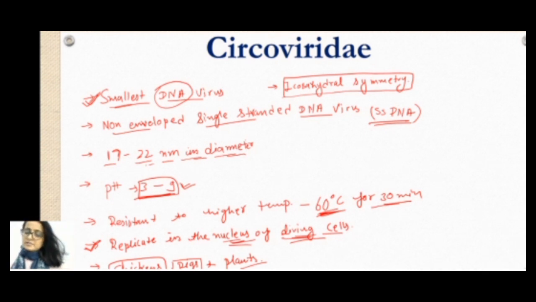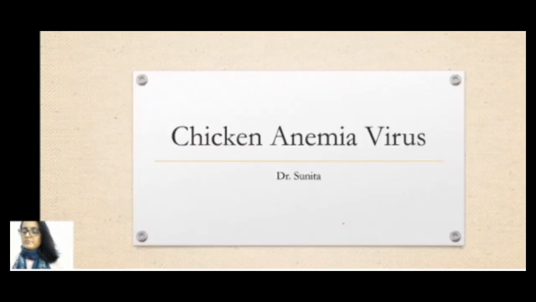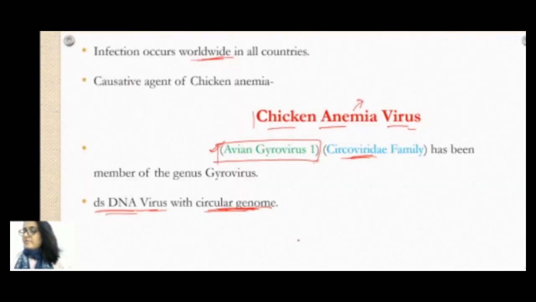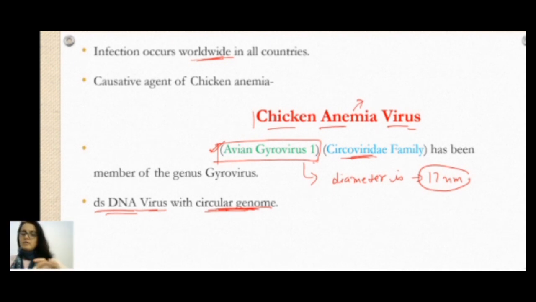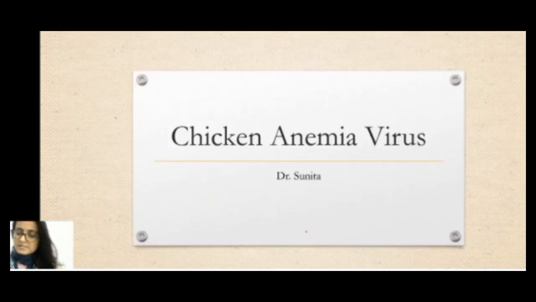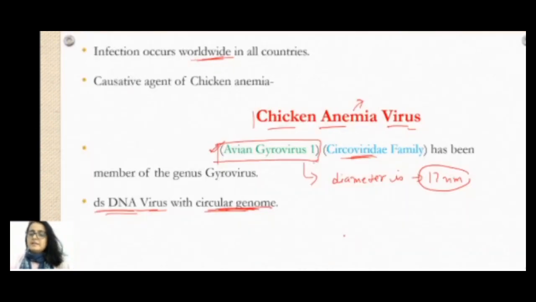And then we discussed the chicken anemia virus. Chicken anemia virus diameter is 17 nanometers. General features of the chicken anemia virus: infection occurs worldwide.